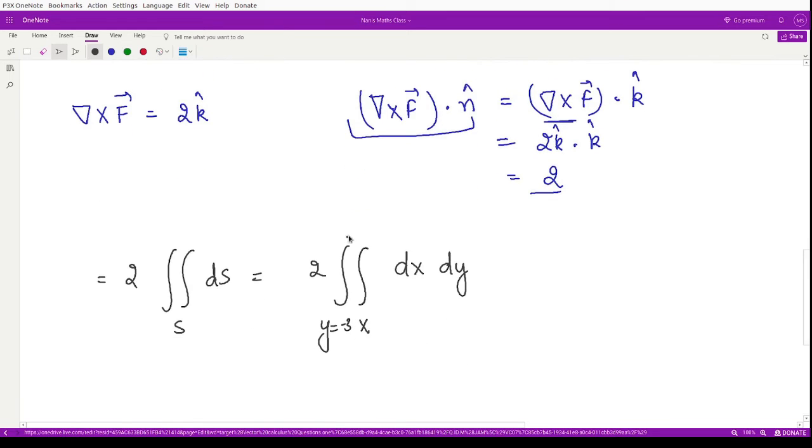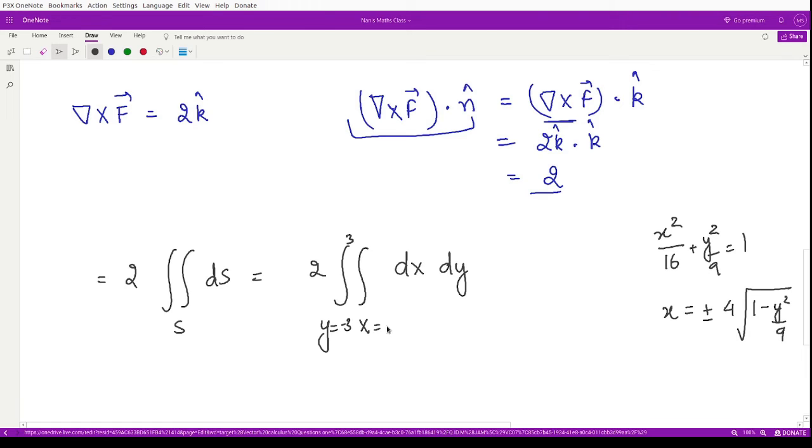Now in order to look for the limits for x, we have to go back to the equation of the ellipse. So this was the equation of the ellipse. From here, what is the value of x? It would be plus minus 4 times the square root of 1 minus y square by 9, right? So this is the value of x.